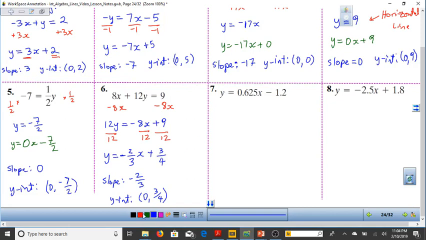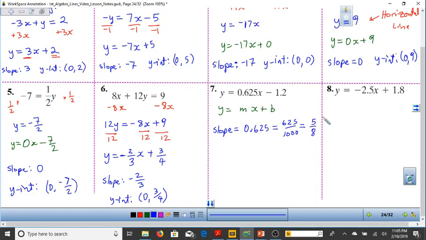In this case, this equation is already in slope-intercept form, y equal to mx plus b. So the slope here is 0.625, which you could write as 625 over 1,000. And if you simplify that, you will see that that works out basically to be 5 over 8.